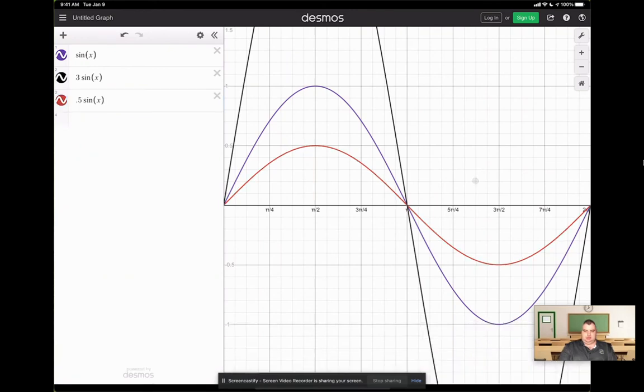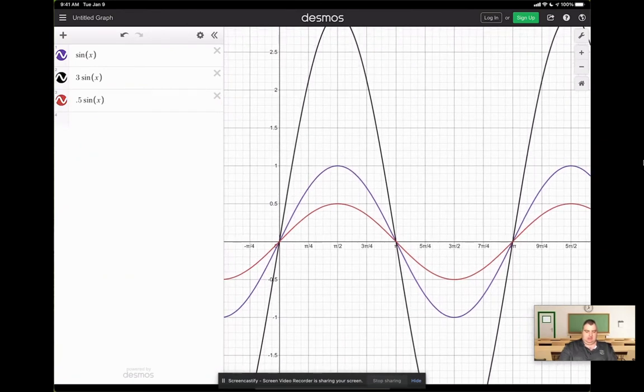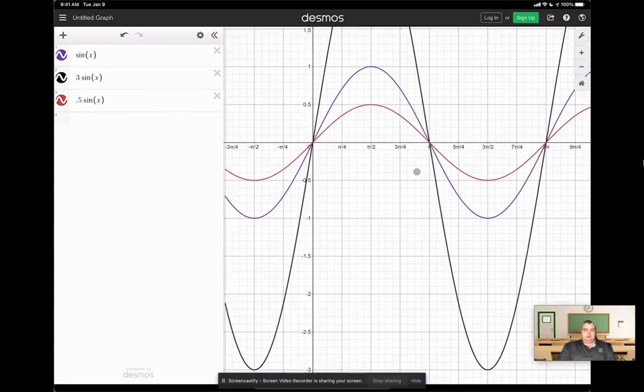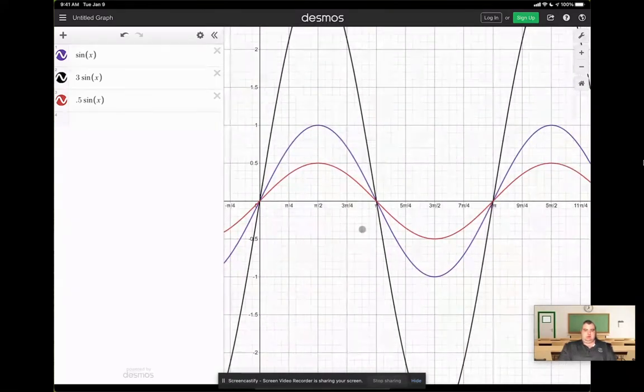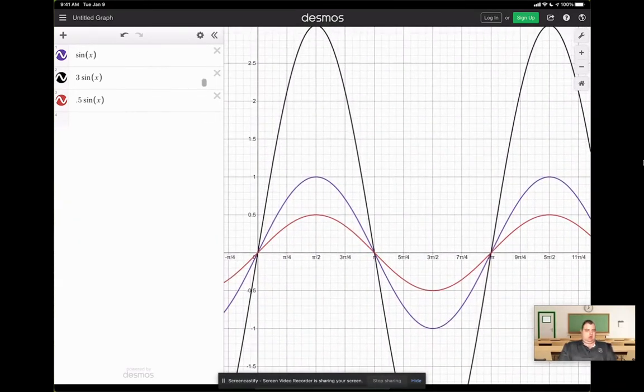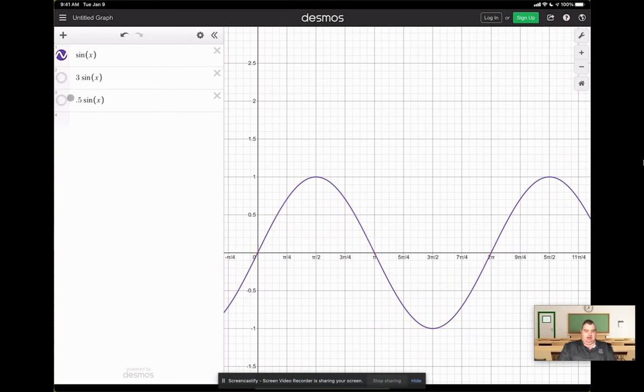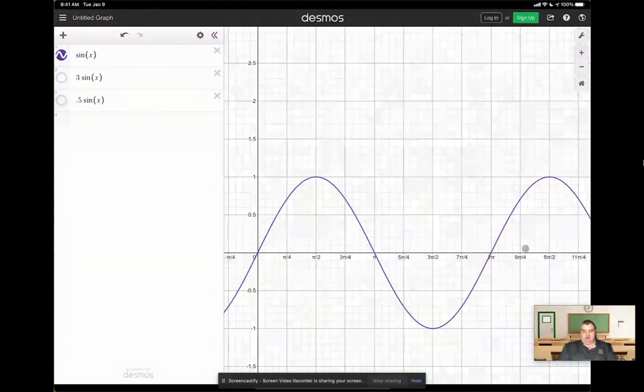So if I zoom out just a little bit, you can see if my radius was 1, then my graph would be sine, and that means I would never be more than 1 meter away from the center, which remember was at 0.